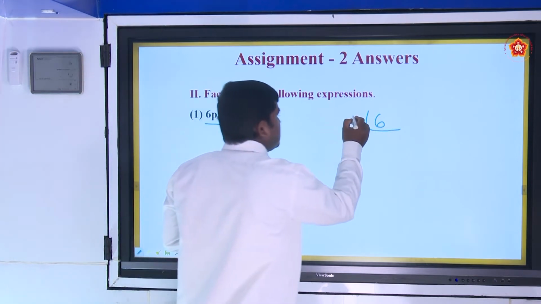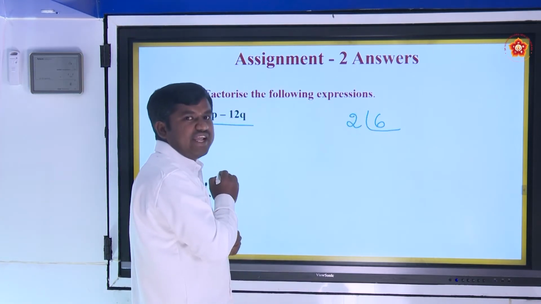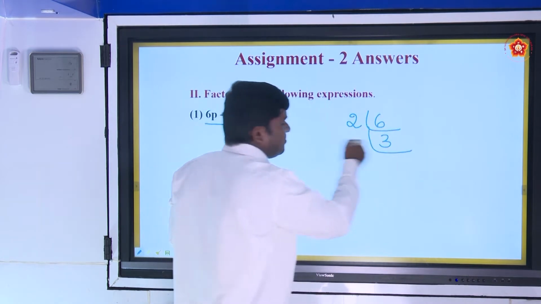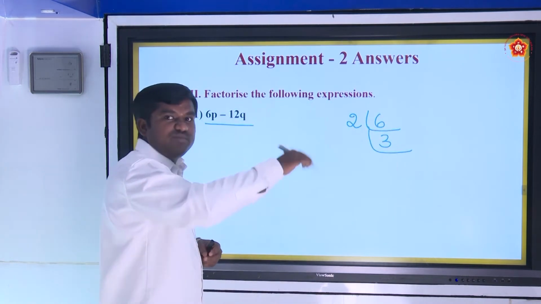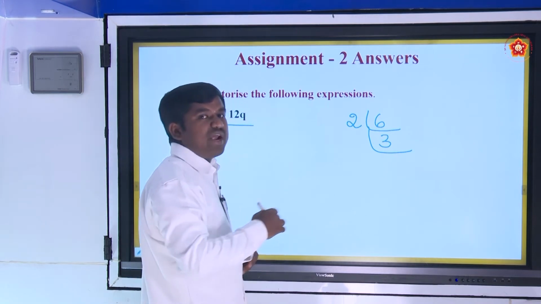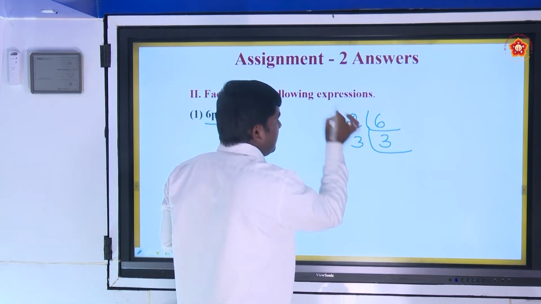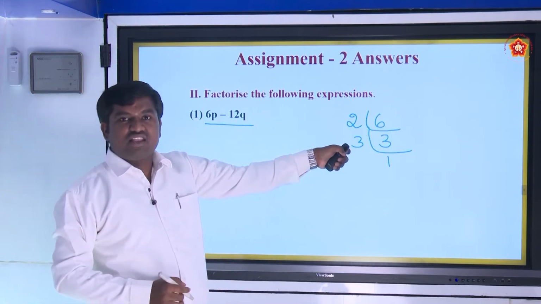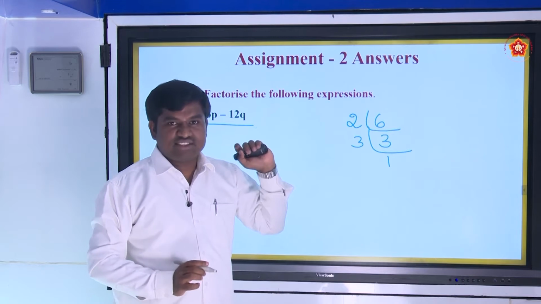The smallest prime number is 2. We can take 2. 2 3s are 6. Next, 3 is not divisible by 2, so we move on to the next prime number, that is 3. 3 ones are 3. So 2 and 3 are the prime factors of 6.